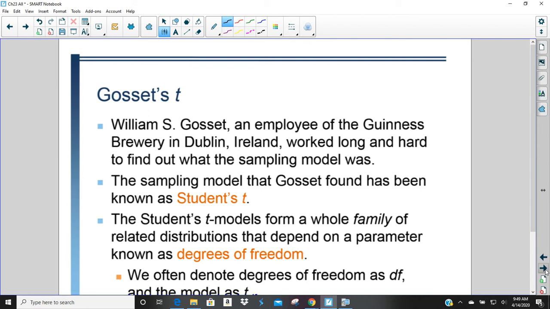Okay, so this guy named William Gossett was employed by Guinness, the brewery in Dublin. And as you can imagine, they can't do too much sampling at Guinness or any other alcohol place because they will get inebriated very quickly.